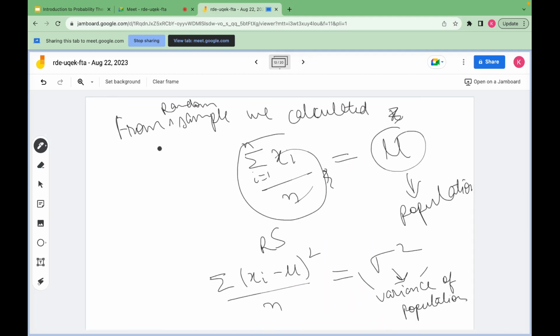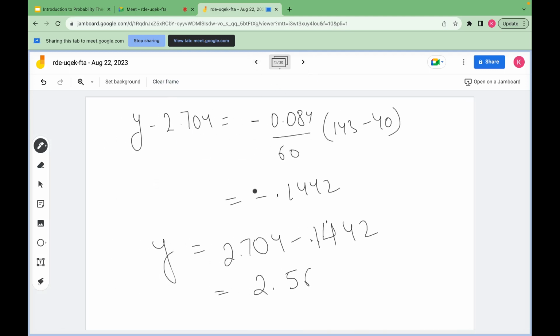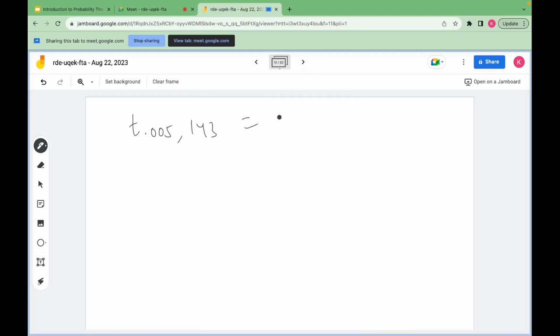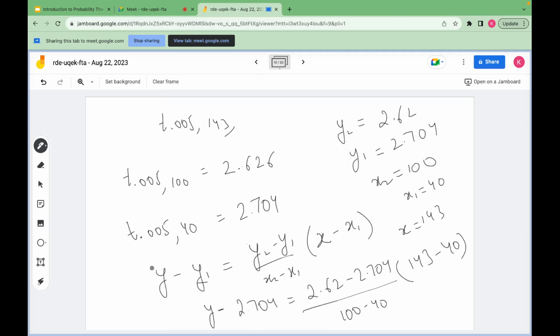Okay, so t.005 for 143 is 2.56. So I hope you understand how I find this for degree of freedom 143. Okay, using this formula.